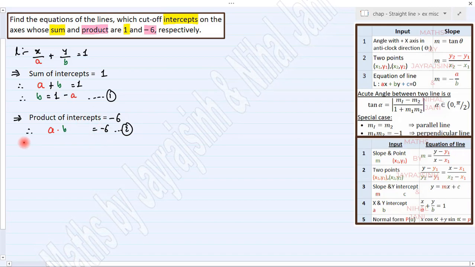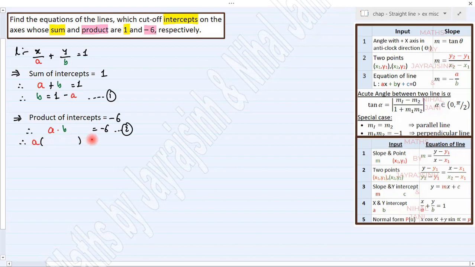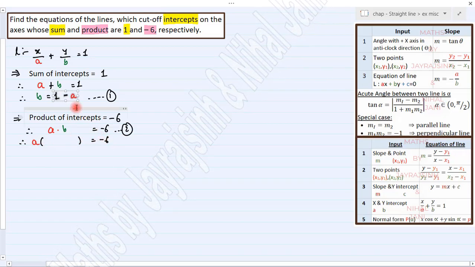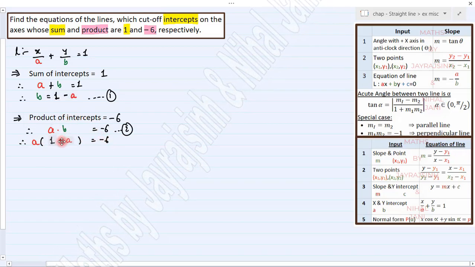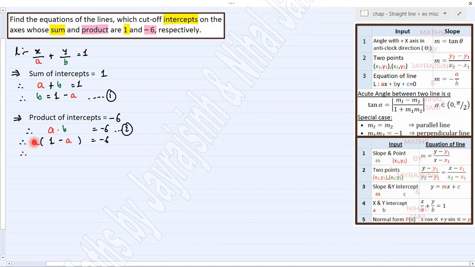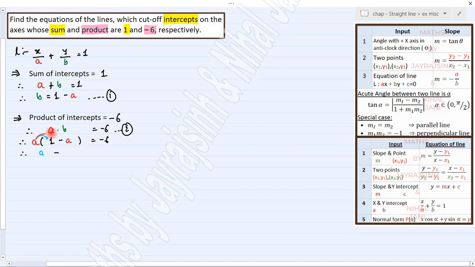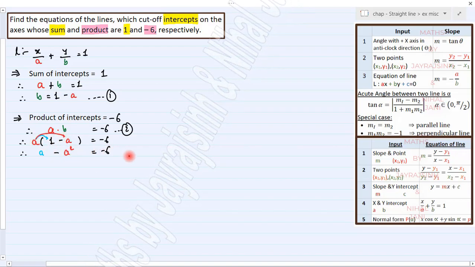Now we have to solve these equations, and for that we use the elimination method. Let's substitute the value of b from the first equation. Now let's open the bracket. We get a minus a into minus a, which is a square, is equal to minus 6.